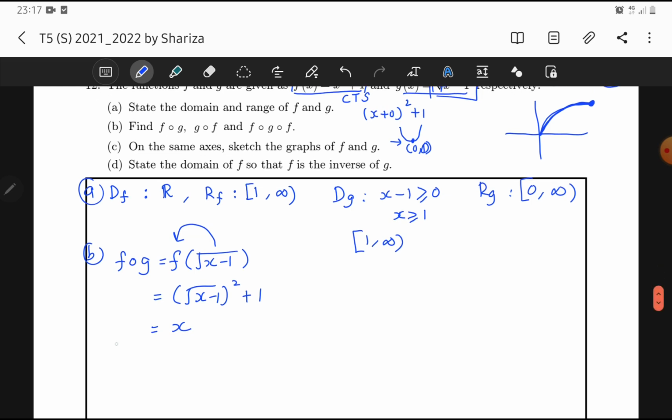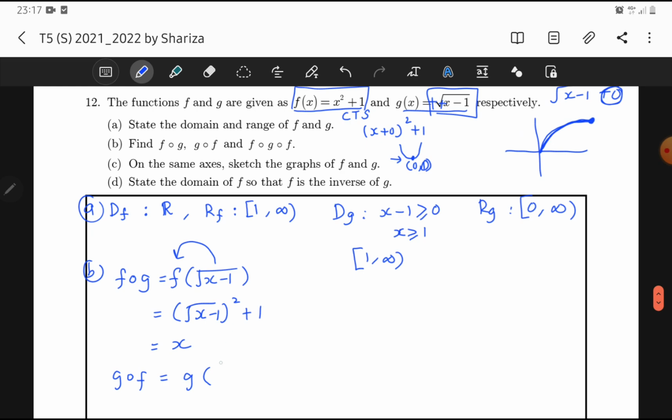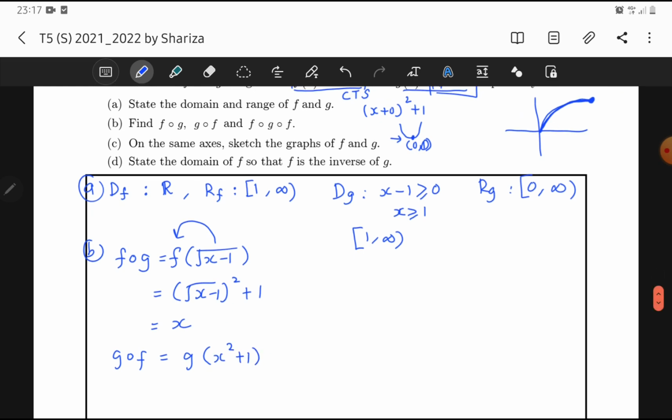Next, g of f equal to g of, okay, f kita apa tadi? Kita tengok f is x squared plus 1. Equal to, insert x squared plus 1 into g. So, equal to square root (x minus 1), x now becomes x squared plus 1 minus 1.